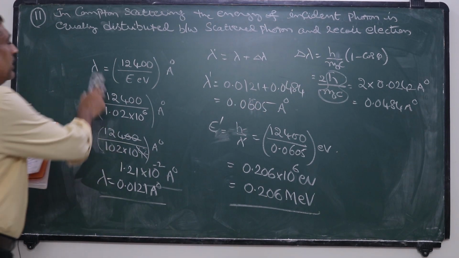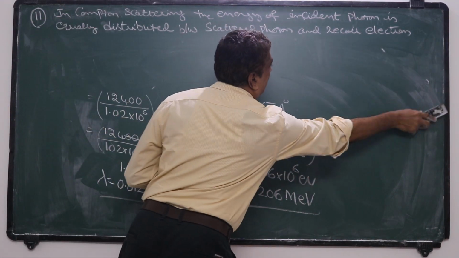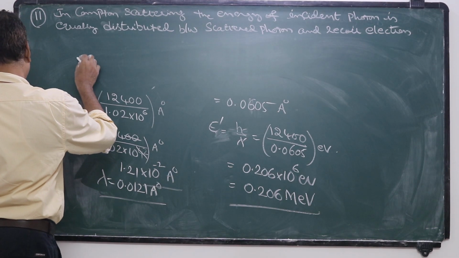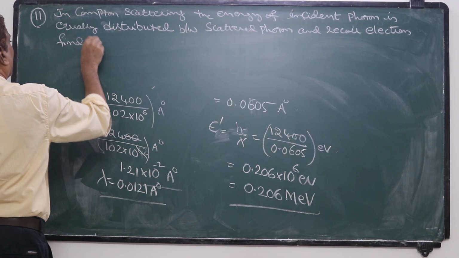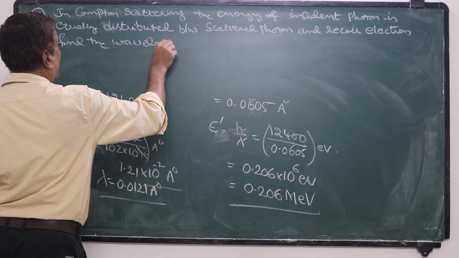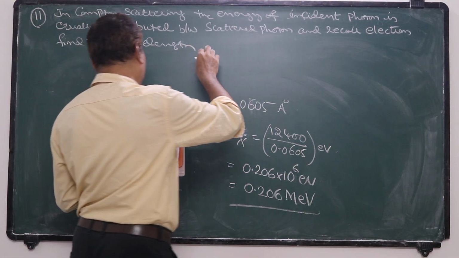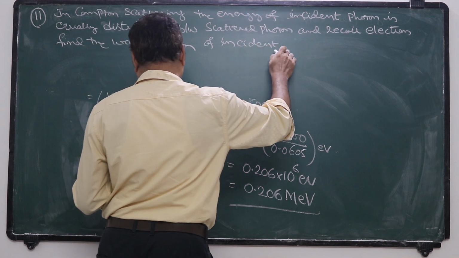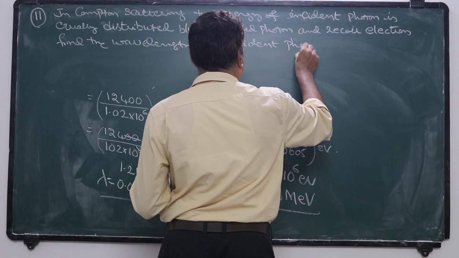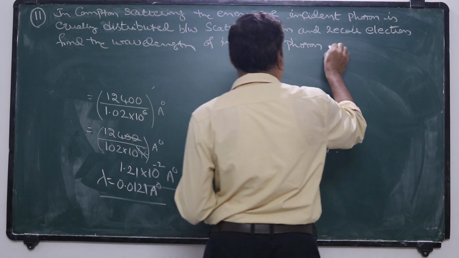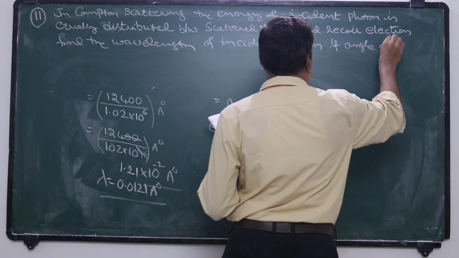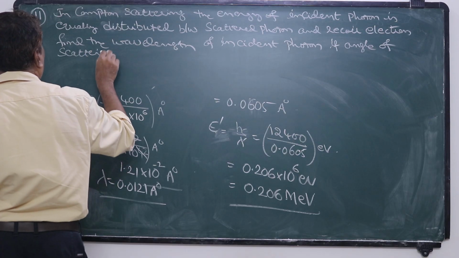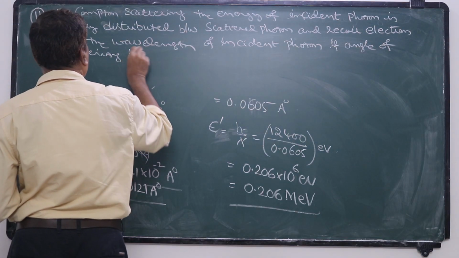Find the wavelength of the incident photon if the angle of scattering is pi by 2.